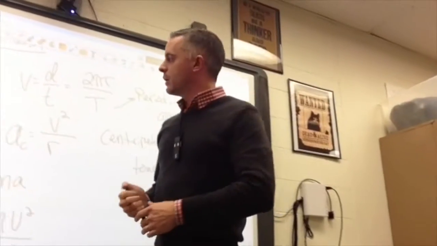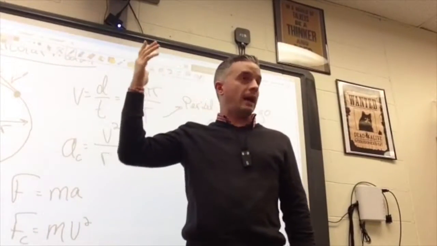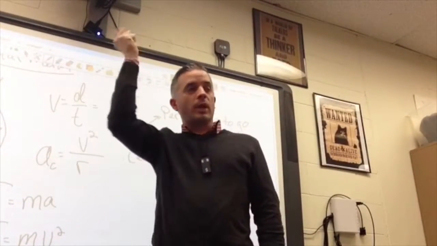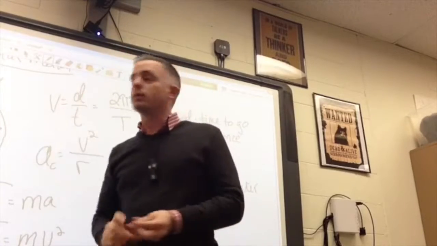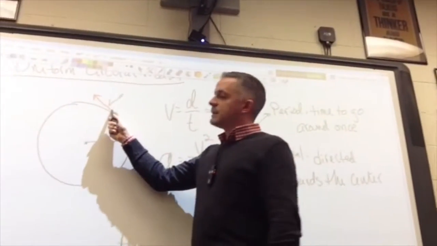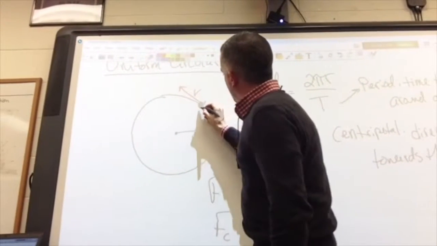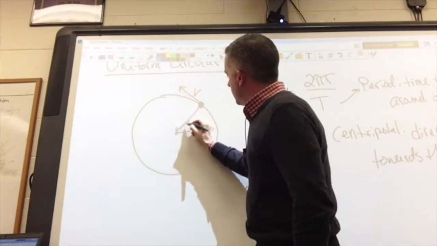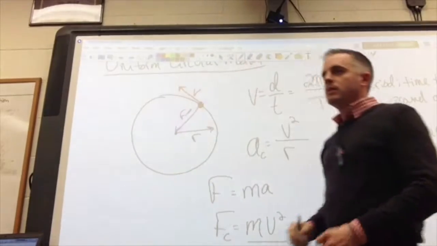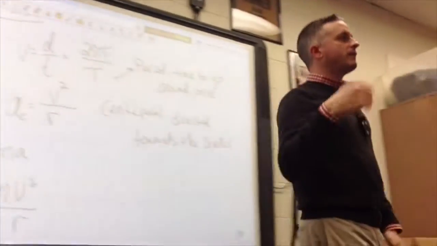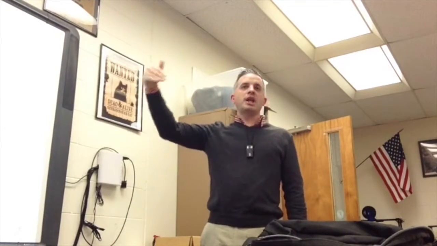So in the instance that we had, with the swinging bob, the tension is the centripetal force, right? So your velocity is this way, but your force is being directed toward the middle. Okay? So when that force is applied, it causes a change in the direction.